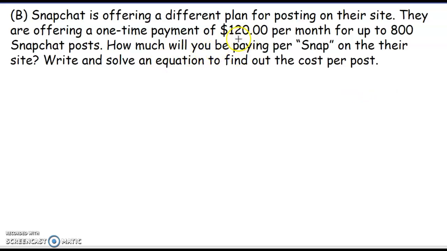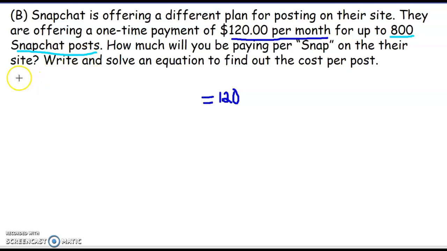First of all, I am paying a total of $120 per month. So I know something is going to equal what I'm paying, and that is that total of $120 per month. I know that the number of Snapchat posts that I'm allowed to have is 800. Now the issue is I don't know how much each post costs.